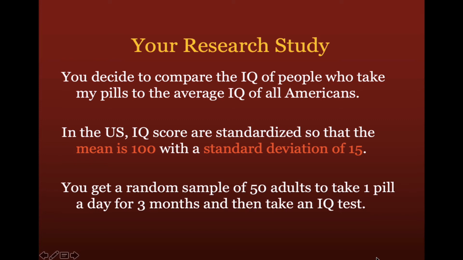If you know anything about standardized tests, IQ tests are standardized so that the mean is 100 with a standard deviation of 15. So you get a sample of 50 people. You give each of them one pill a day for 3 months, and what you want to see is whether the average IQ for this sample of 50 is significantly different from what you would expect from the population, which would be 100.